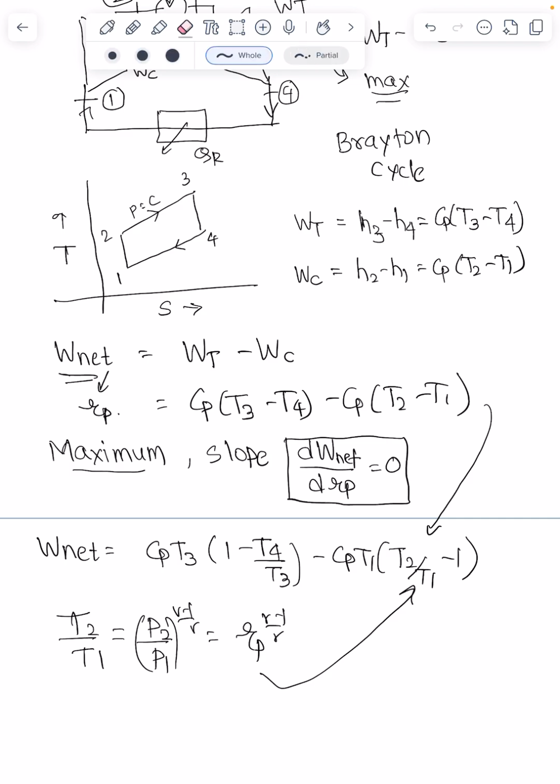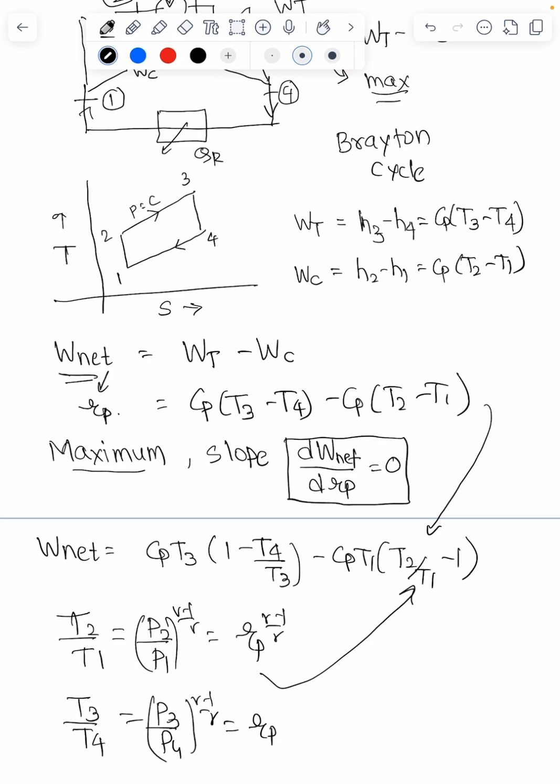Similarly, I know that T3 by T4 is equal to P3 by P4 raised to gamma minus 1 by gamma, or Rp raised to gamma minus 1 by gamma, or T4 by T3 would be the reciprocal of this, 1 upon Rp raised to gamma minus 1 by gamma.